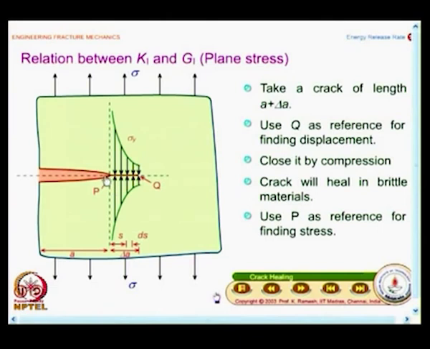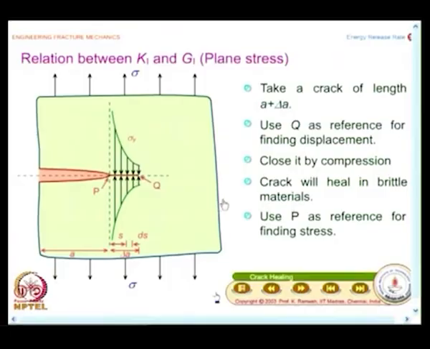What you have actually looked at is a small extension of crack tip delta A, instead of it extending from A to delta A. We have looked at the case of taking a crack of length A plus delta A and closing a portion of the crack tip.